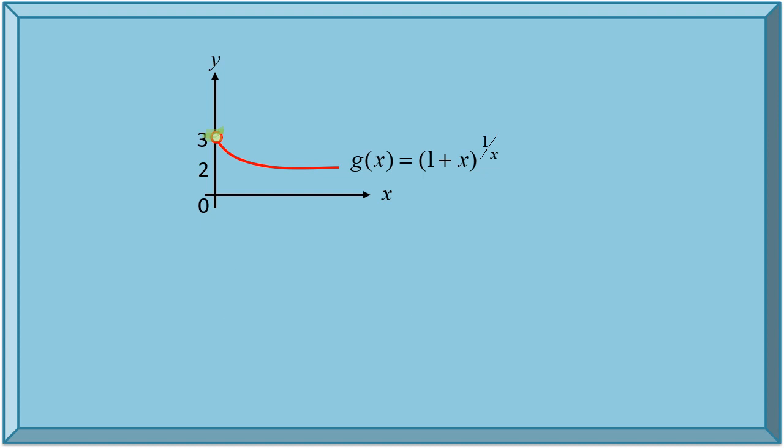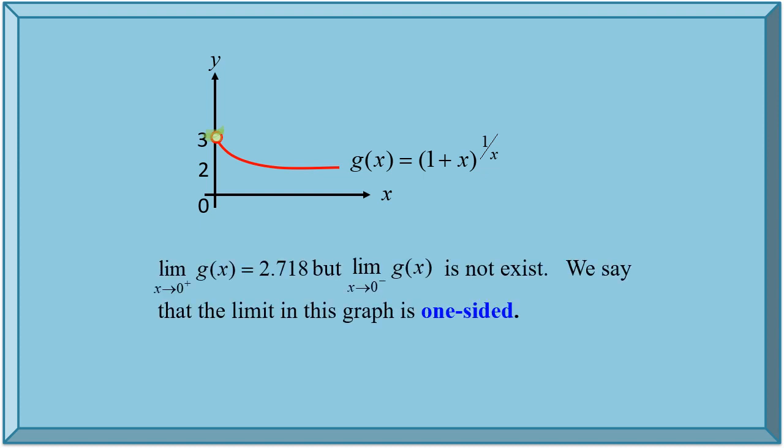The limit of this function g(x) as x approaches 0 from the right is 2.718. But from the right side, because it's approaching, we look at the behavior as it approaches. Let's say we have x equal to 0.000001. It's approaching this value 2.718.